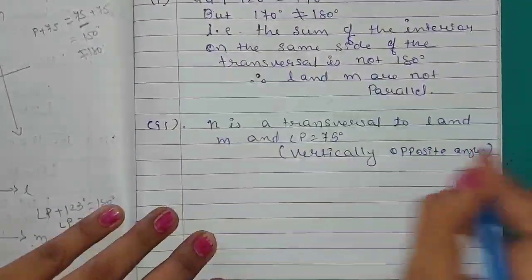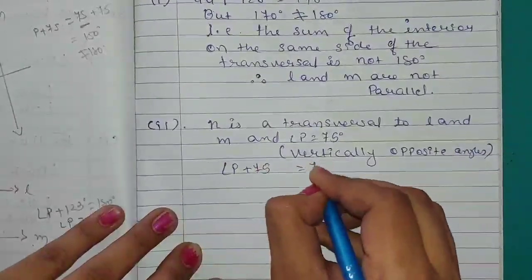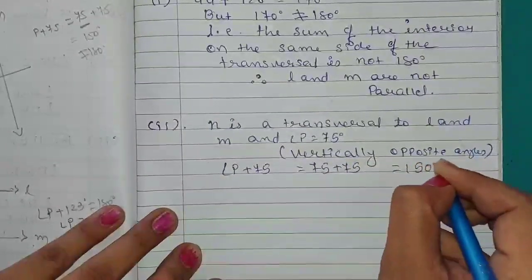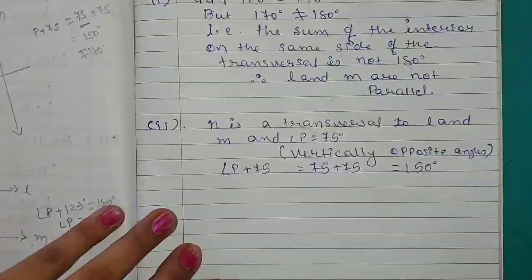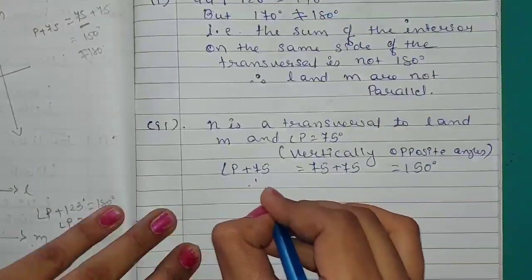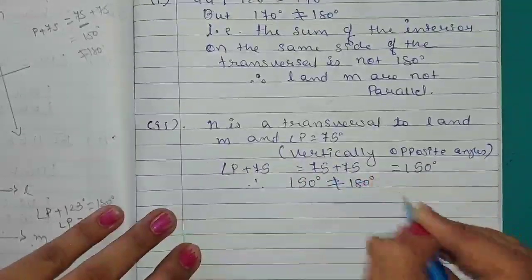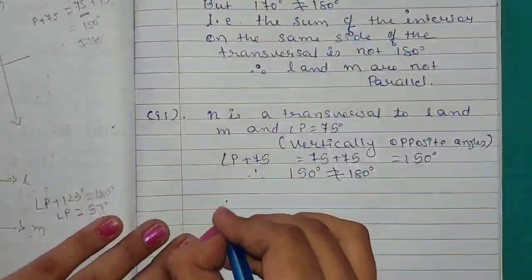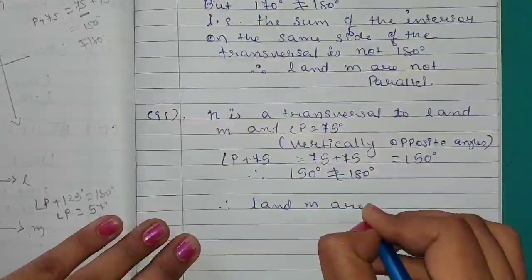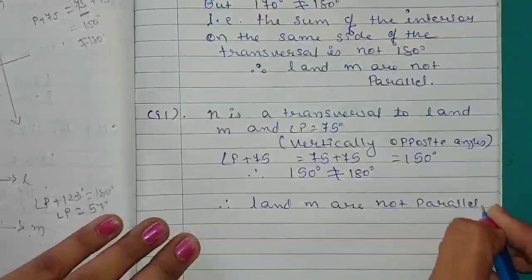Now, angle P plus 75 degrees equals 75 plus 75, that is 150 degrees we are getting. So here also we are not getting 180. Therefore 150 degrees is not equal to 180 degrees. Therefore L and M are not parallel. They are not parallel.